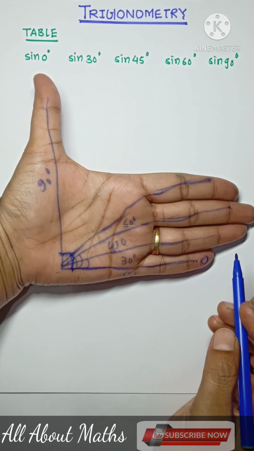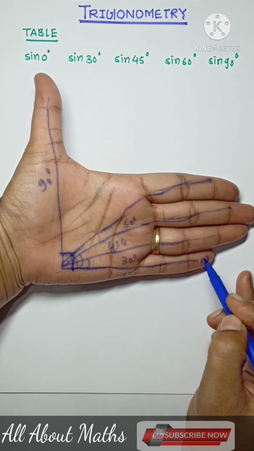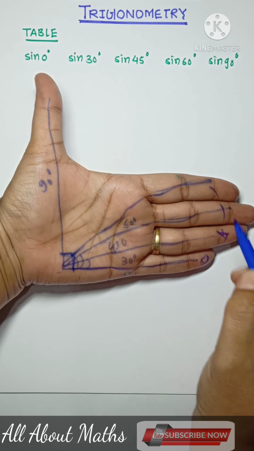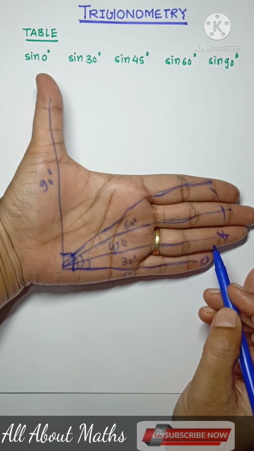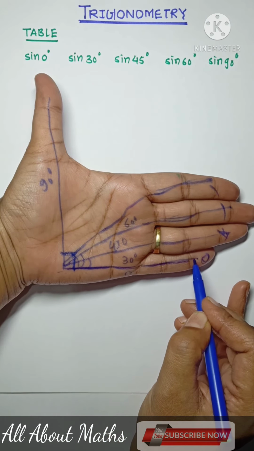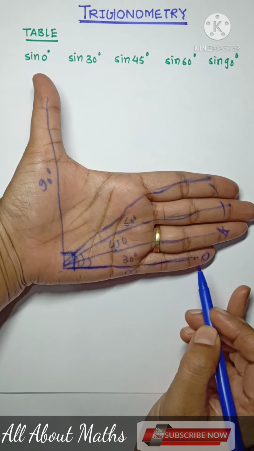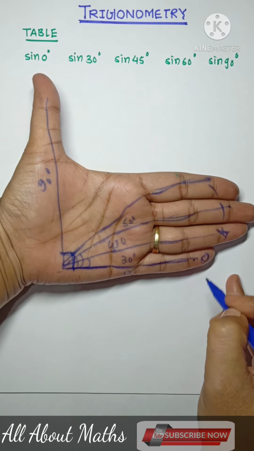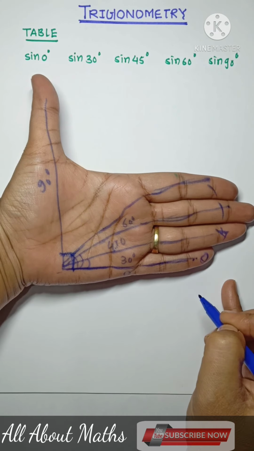In sine values, we have to consider all these values in the clockwise direction, like this. So for sine 0, we'll consider this line, and we have to find how many fingers remain in the clockwise direction after that line.